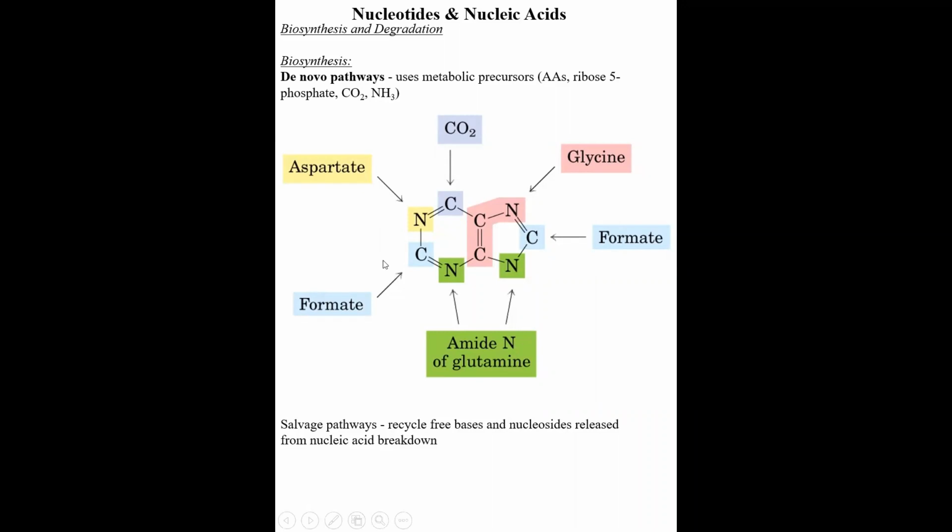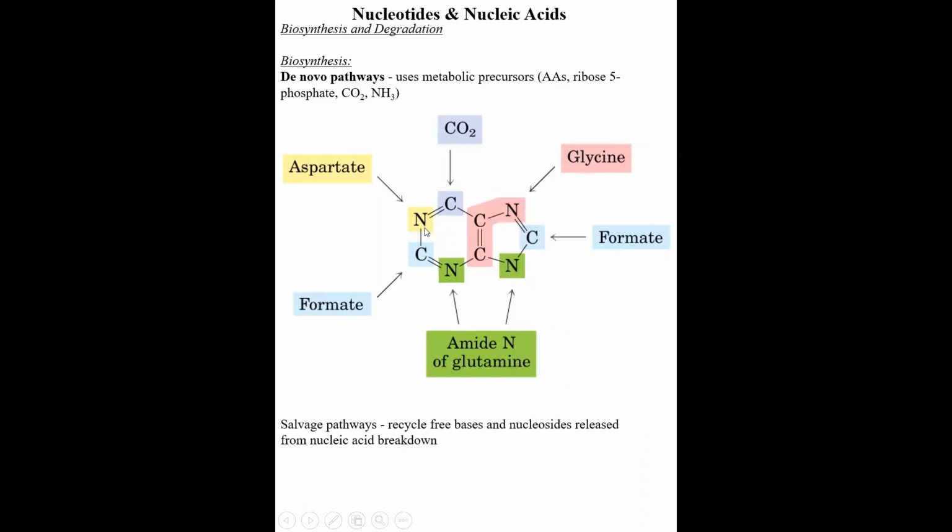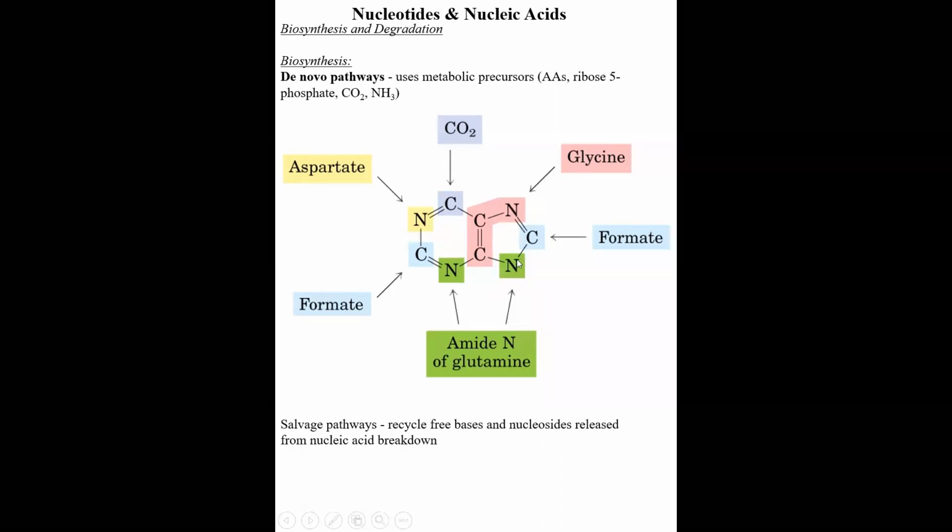One can start numbering. As per conventional nomenclature, this nitrogen, which is donated by aspartate, is the first nitrogen. So we can count from here: 1, 2, 3, and 1 2 3 4 5 6 7 8 9.